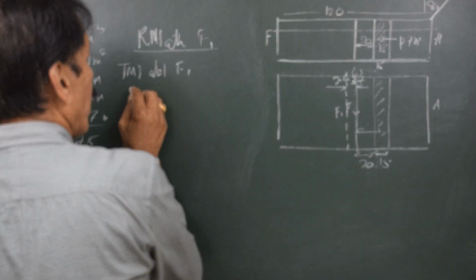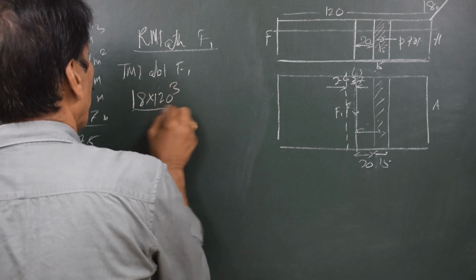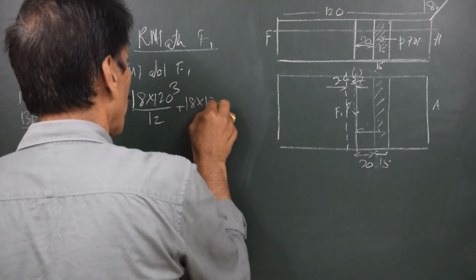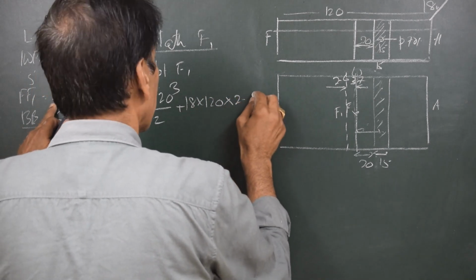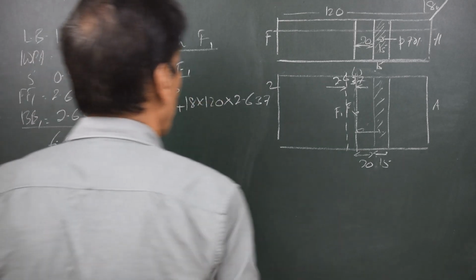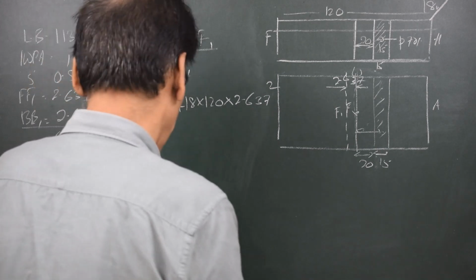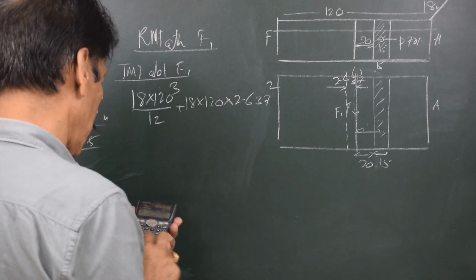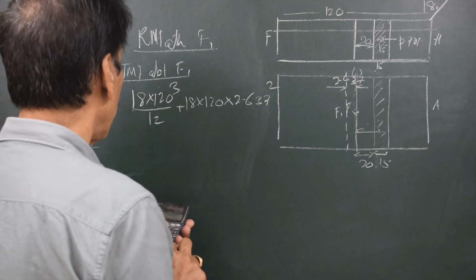So it would be like this: 18 into 120 cube upon 12 plus 18 into 120 into 2.637 square. This is the total moment of inertia about the athwartship axis passing through F1. Let us write down 18 into 120 into 120 into 120 divided by 12.